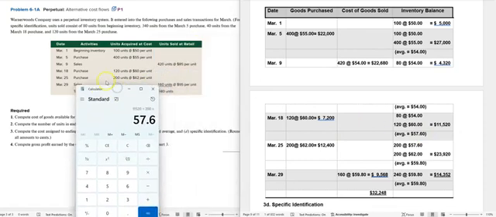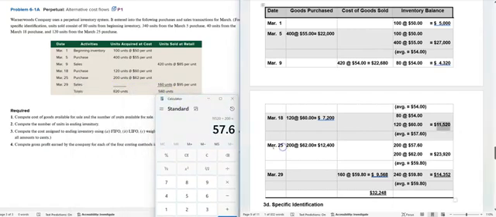When I made another purchase, it's going to affect my average again. So on the 25th, I added 12,400 to my inventory, bringing my total inventory up to 23,920, increasing my units from 200 up to 400.